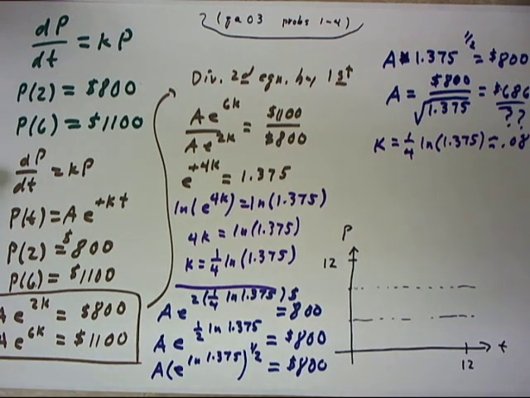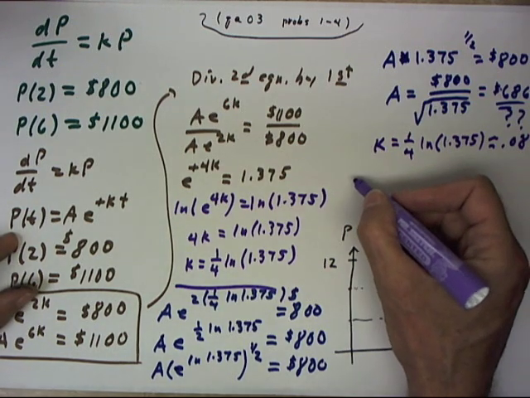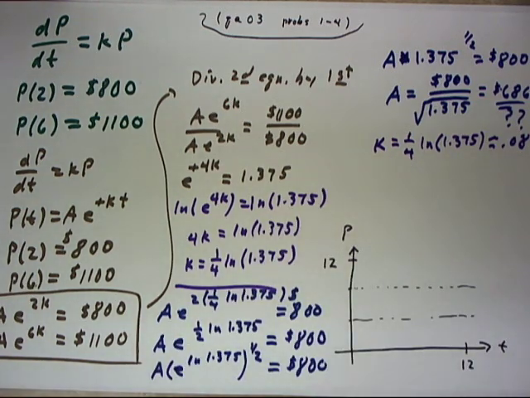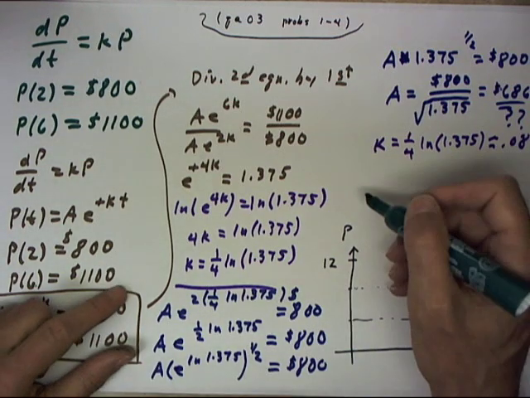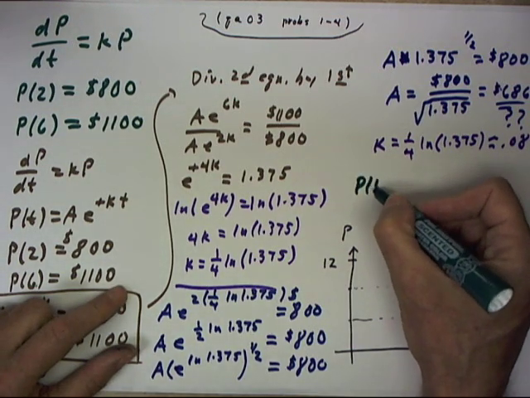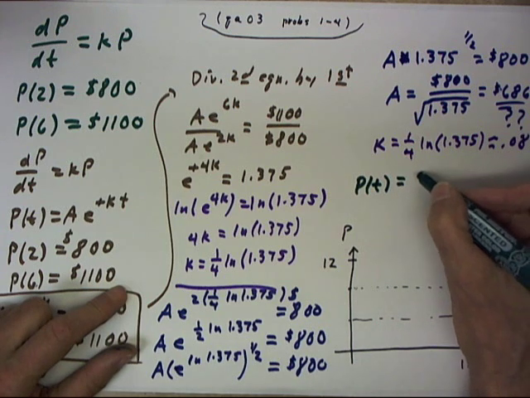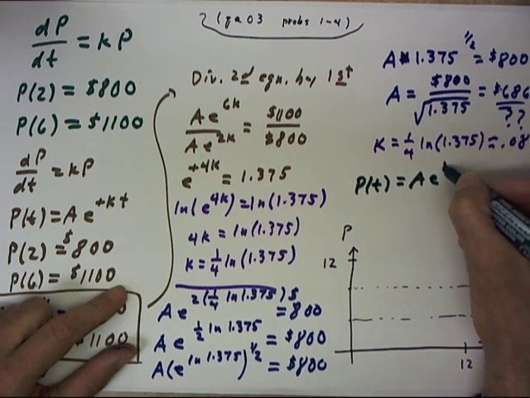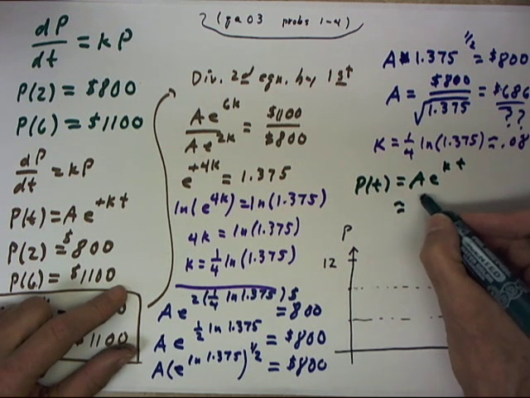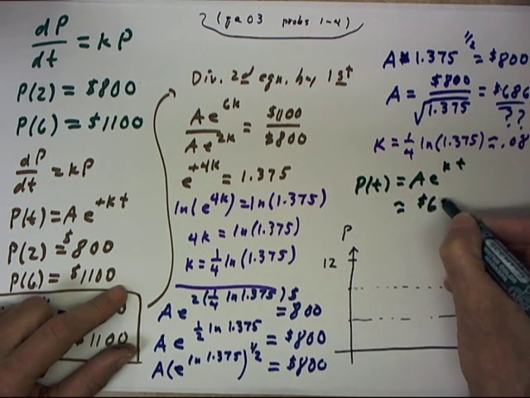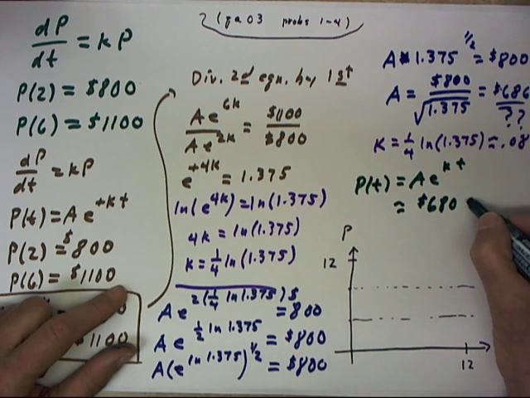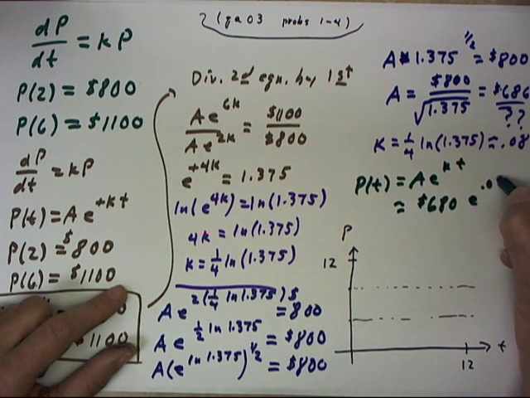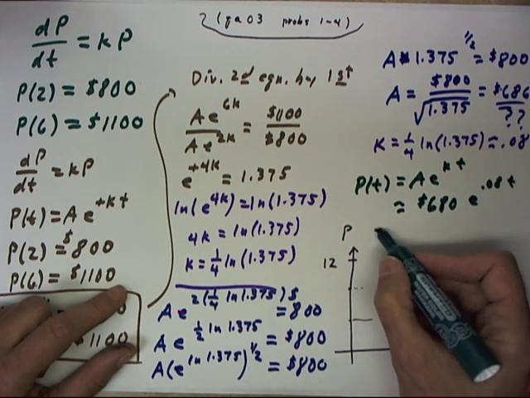This tells us that our solution function, P(t) = A e^(kt), is about equal to, let's just say, $680 times e^(0.08t).